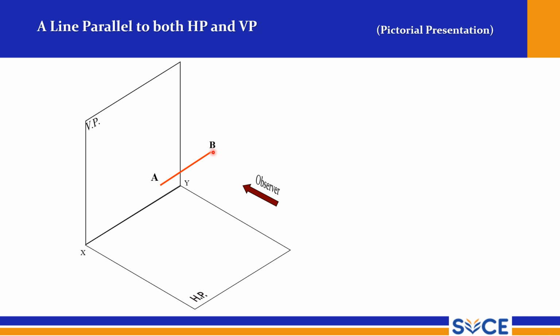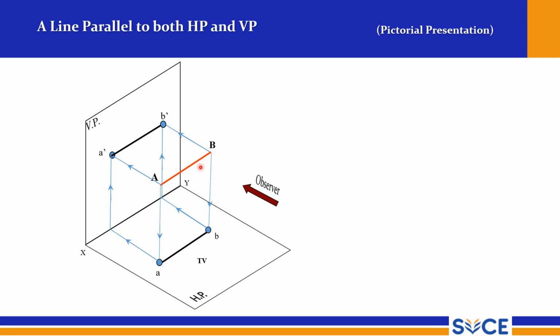AB is in capital letters, so it is the actual line. The corresponding top view is ab, and the corresponding front view will also have the same length. The top view length and front view length will be the same, so that is the significance of this position.